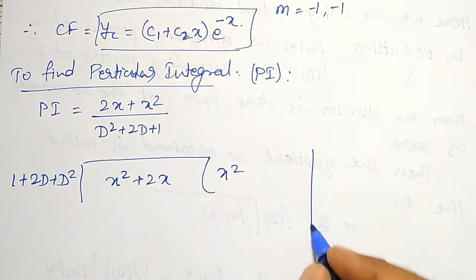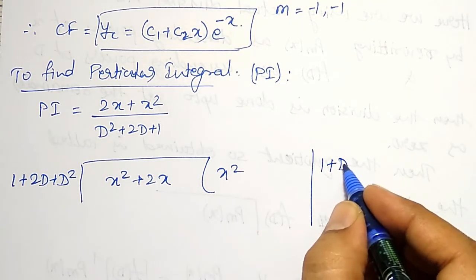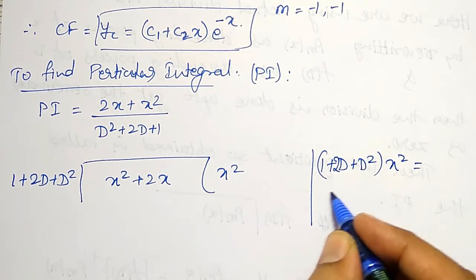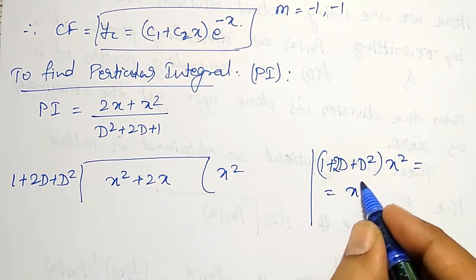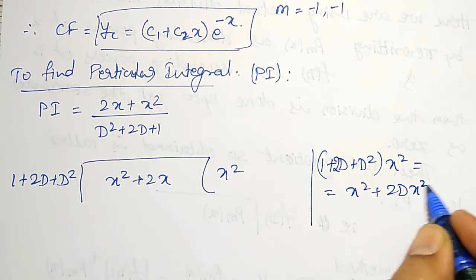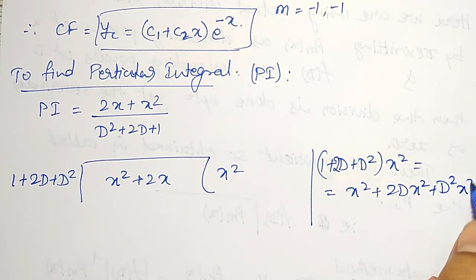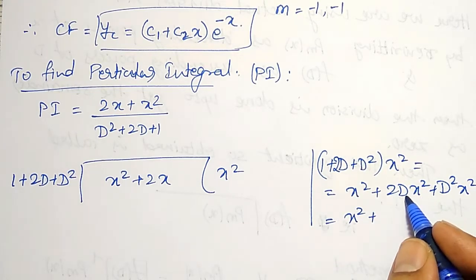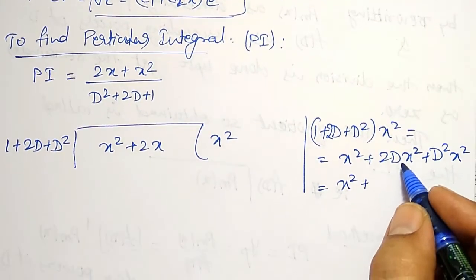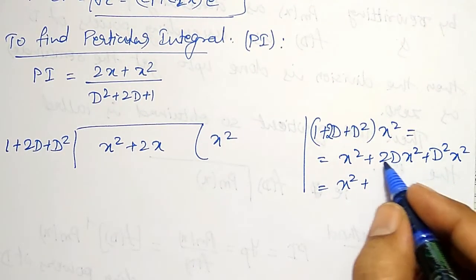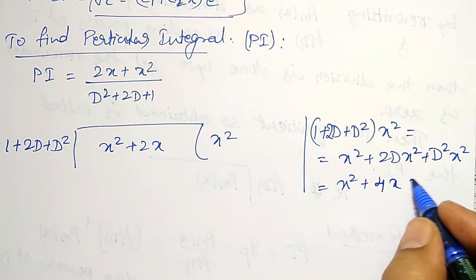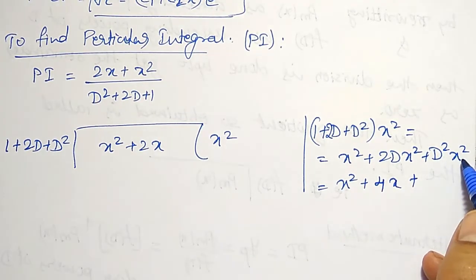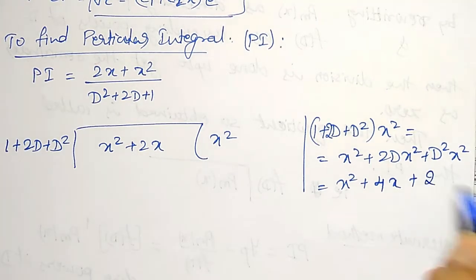Therefore (1 plus 2d plus d square) into x square equals 1 into x square plus 2d into x square plus d square into x square, that is nothing but x square plus, differentiation of x square is 2x, 2 into 2x is 4x, plus differentiation of x square is 2x, another differentiation will become 2.